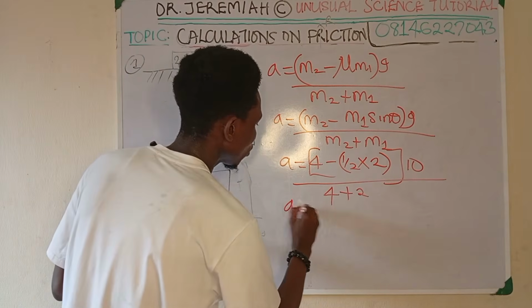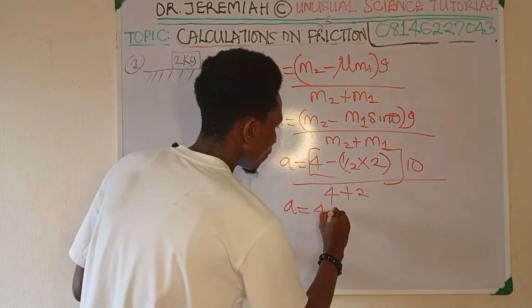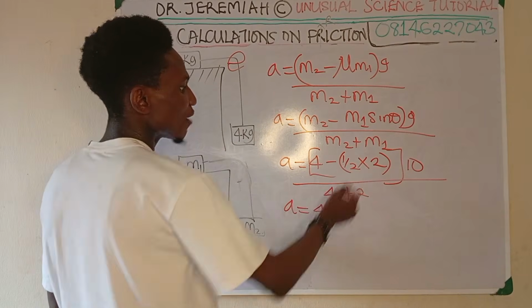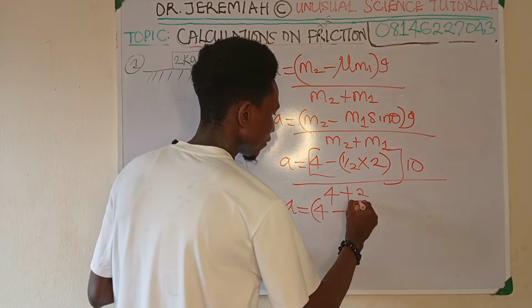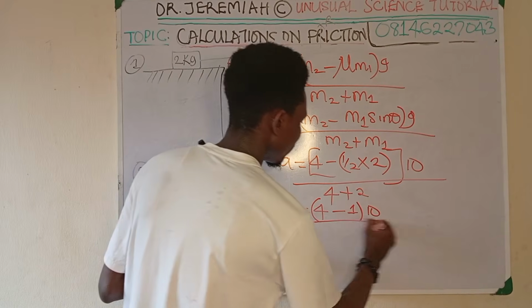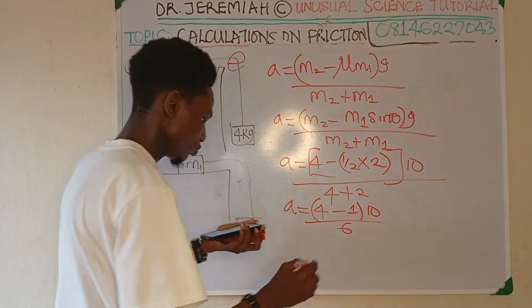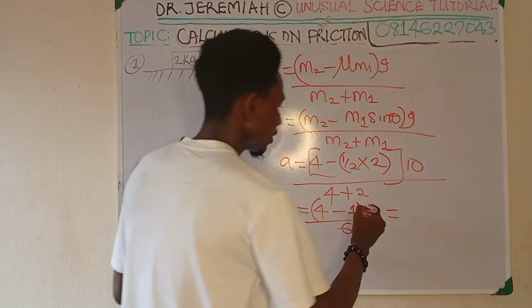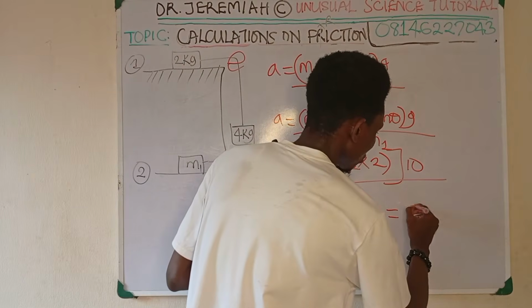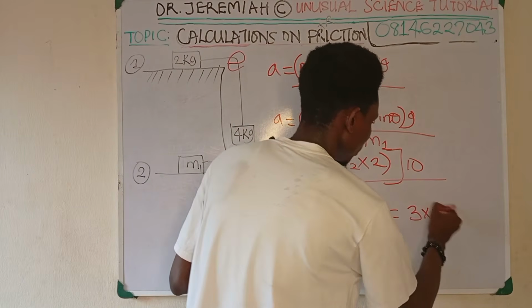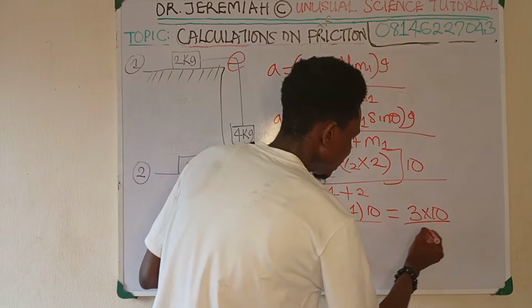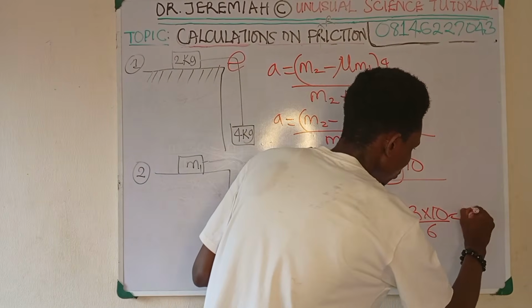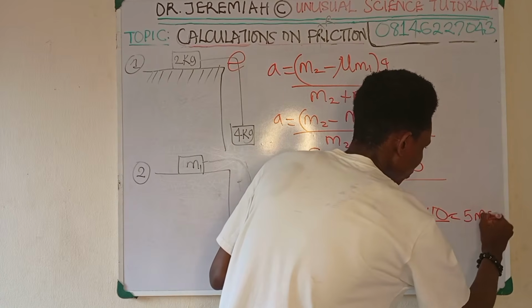So you have A equal to 4 minus half times half, which is 1. Put everything in bracket with 10, then divide by 6. 4 minus 1 is 3, times 10 gives 30, divided by 6. You're going to get 5 meters per second squared.